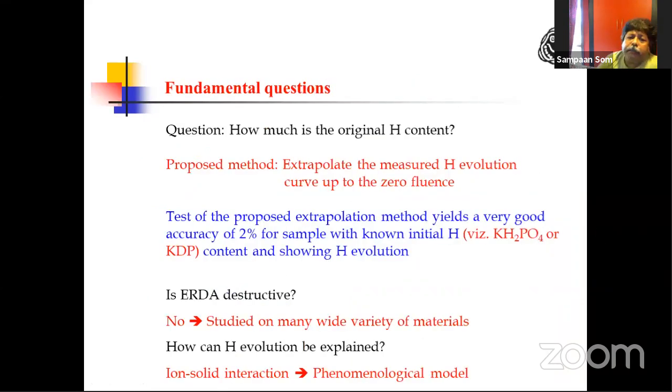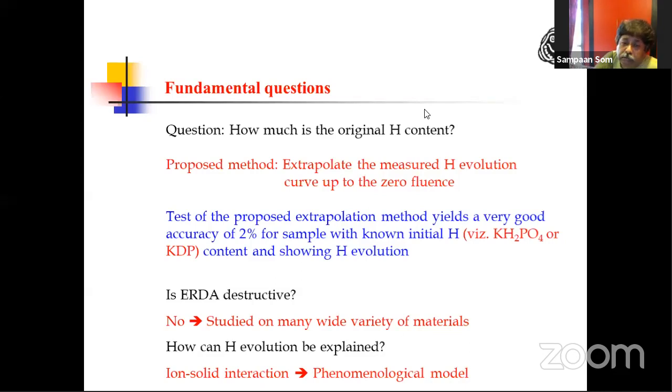Any time one does some measurements using ERDA, if hydrogen evolution is seen, then one has to address certain fundamental questions. The question is, how much is the original hydrogen content? If I see that hydrogen is getting lost up to a certain depth, then who says that right at the beginning, whatever I measured was absolute, that it was not less, because even at that moment hydrogen may have already evolved?